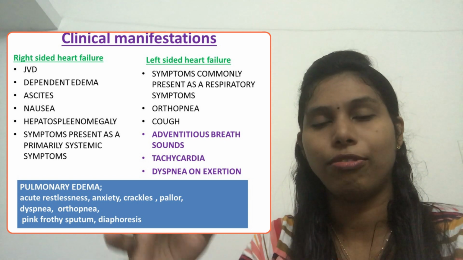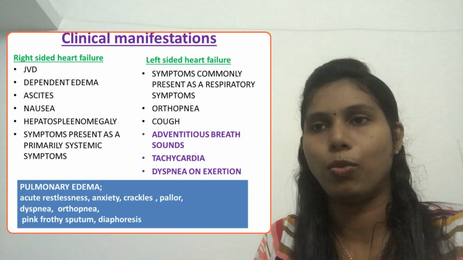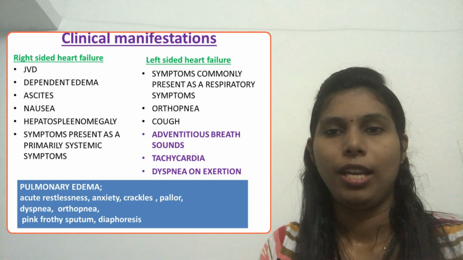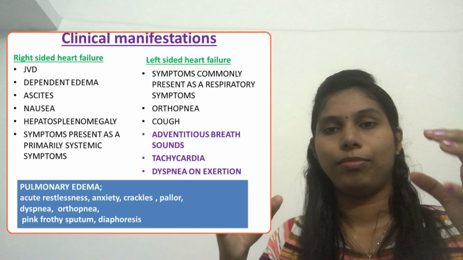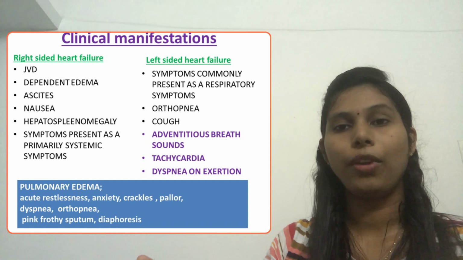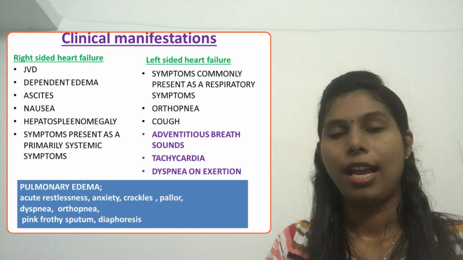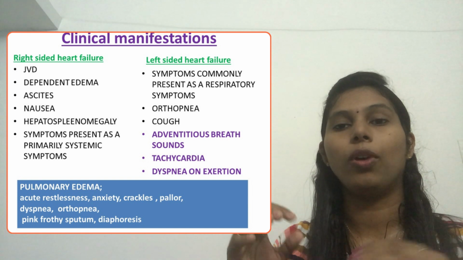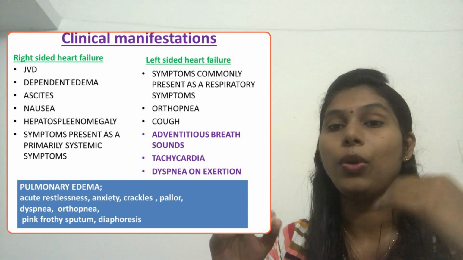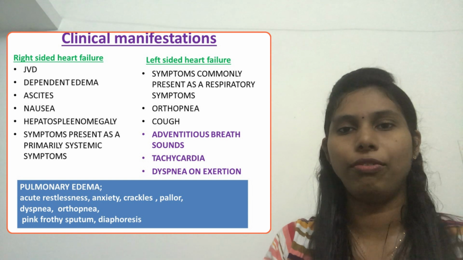Another one is cough. Then there are adventitious breath sounds. Then tachycardia, and sometimes the client will present in the emergency department with dyspnea on exertion. So we have to do a proper assessment, and through the assessment we can find out that this client has left ventricular failure, or is now admitted with an acute exacerbation of congestive heart failure.